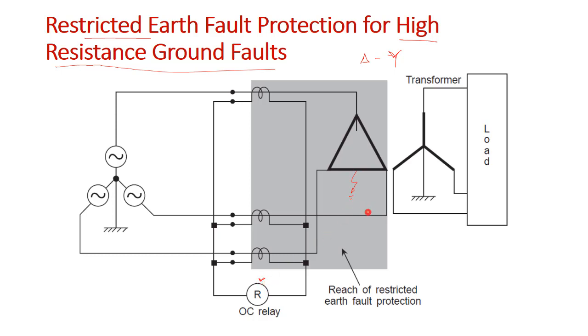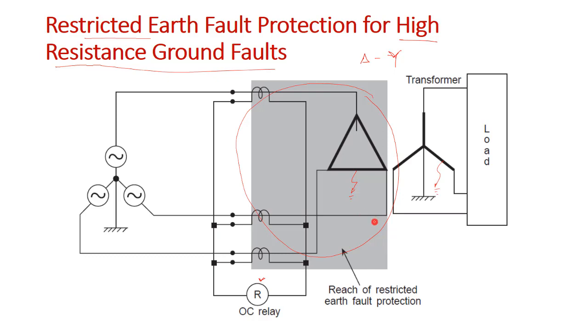Under any other condition, like normal loading, or if the fault is happening in the star side, even if that is a highly resistive ground fault, it will not be detected by this restricted earth fault relay.